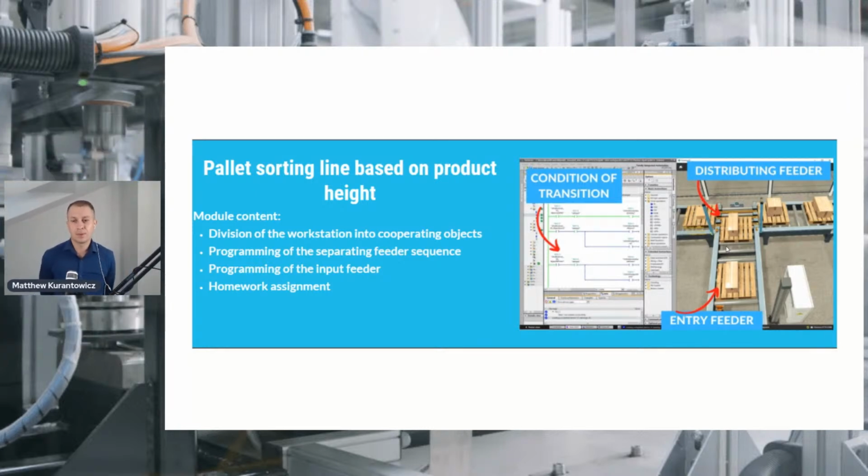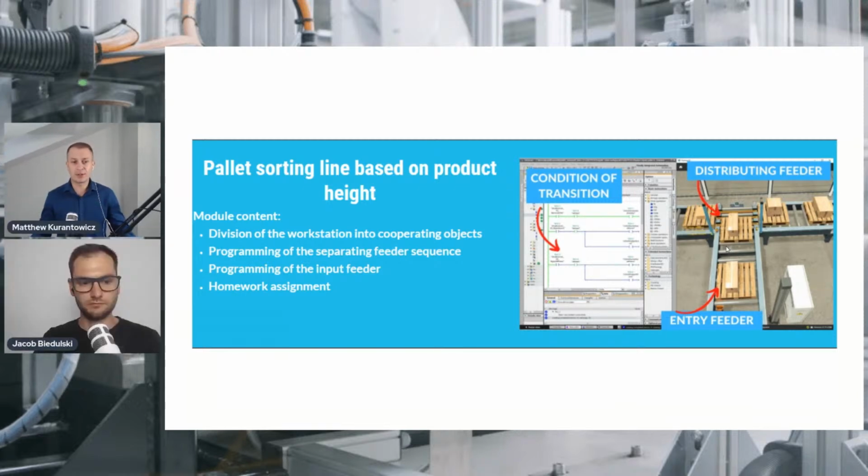Today, Jacob has shown you this project in Factory.io, and this is a more sophisticated project because we need to divide this line into parts. We will divide the workstation into cooperating objects. We will need to design a sequence for the separating feeder.